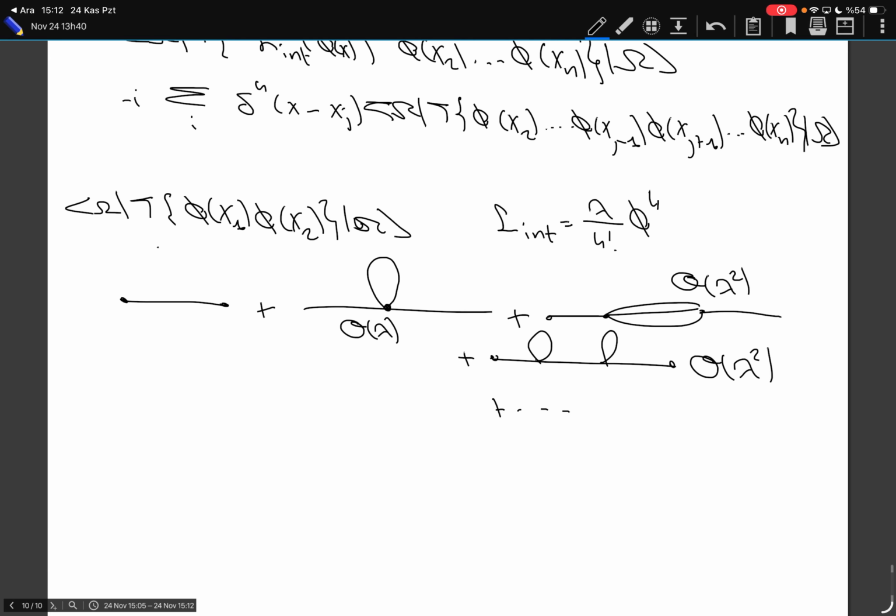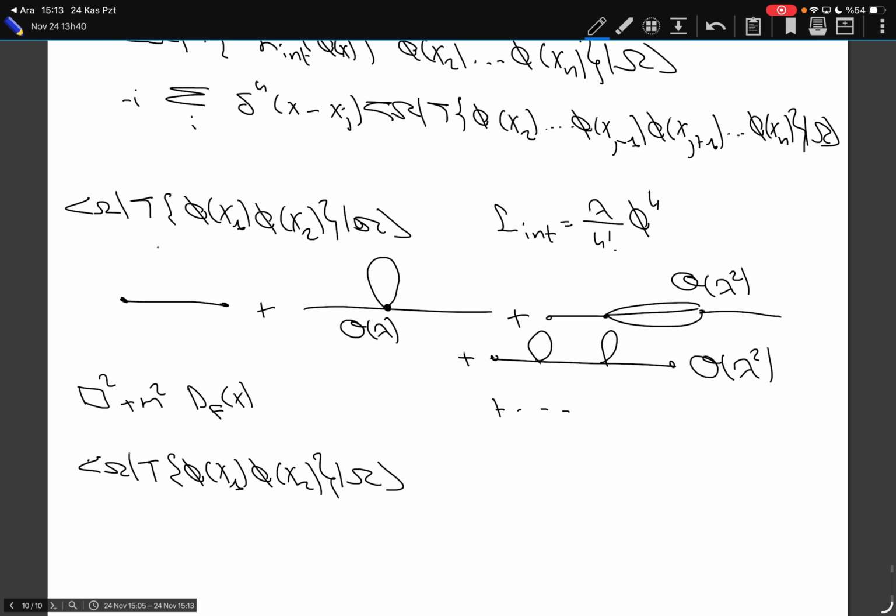Now, let me do an alternative derivation. Remember, we also derived the Feynman propagator. If I act on my Feynman propagator with this operator, I will get minus I Dirac delta, 4-dimensional Dirac delta x.